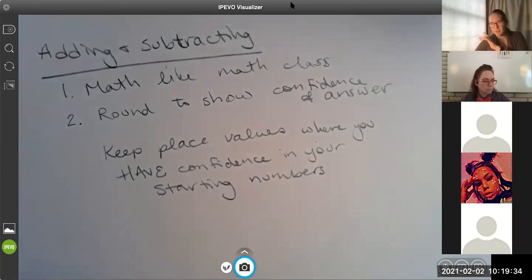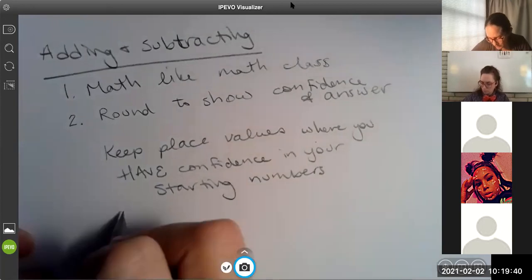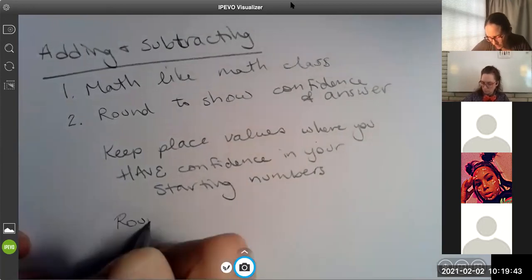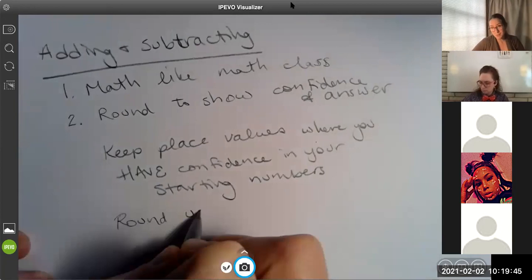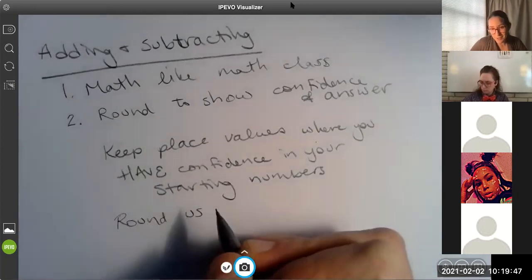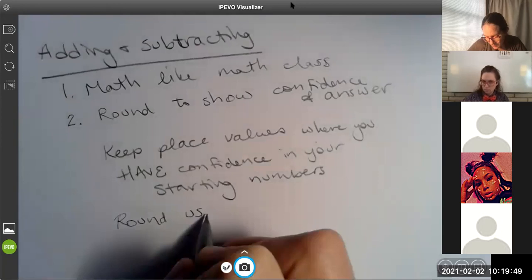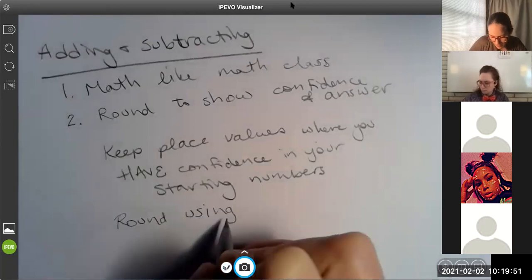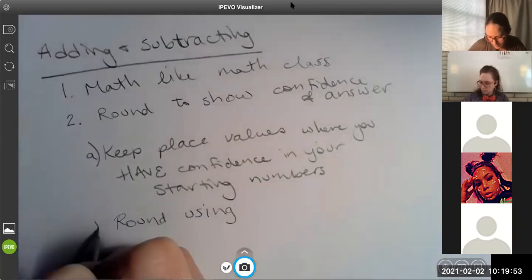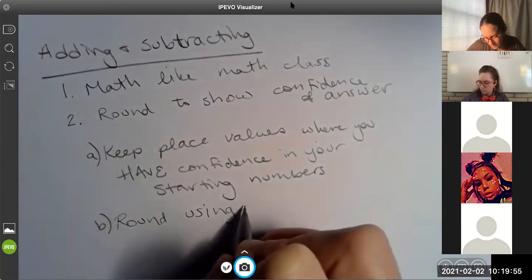It's the little place values where we get into this. When we round, round using the biggest place value we do not have confidence in.